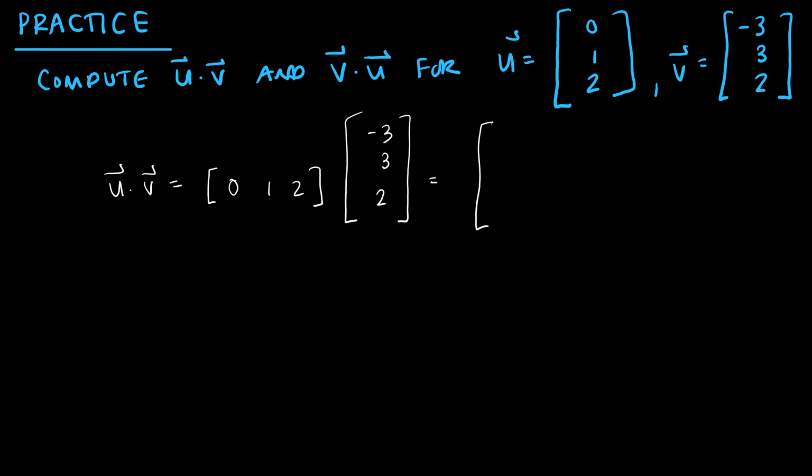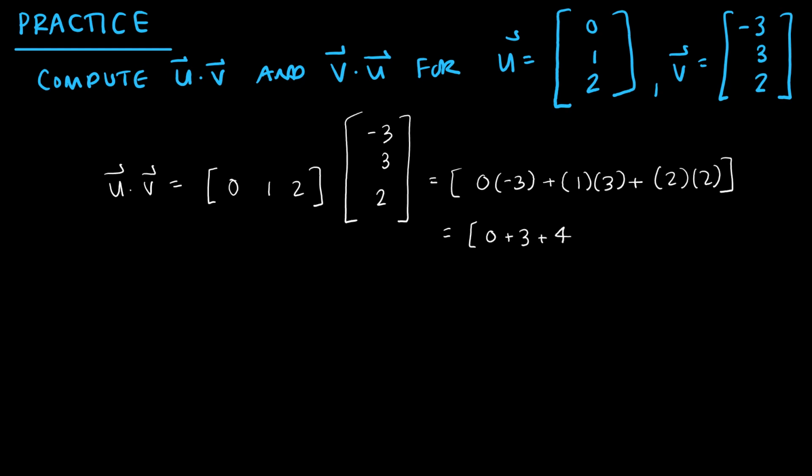So this result is going to be 0 times negative 3 plus 1 times 3 plus 2 times 2. And again, I am writing it in a vector. It is a solution, a 1 by 1 vector. And that gives me 0 plus 3 plus 4, so my solution is 7.